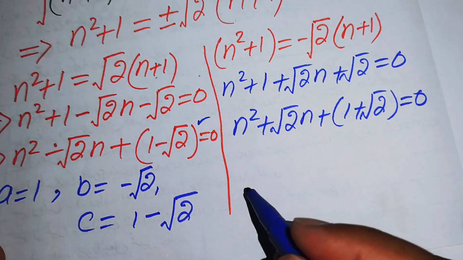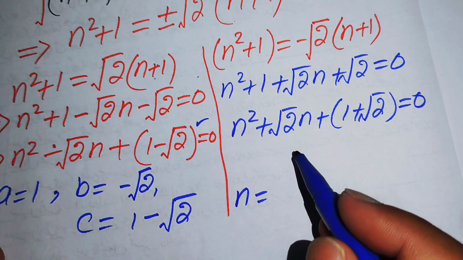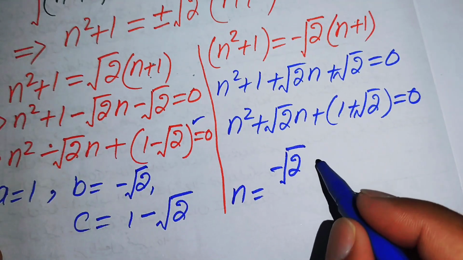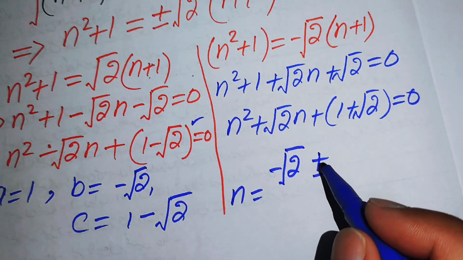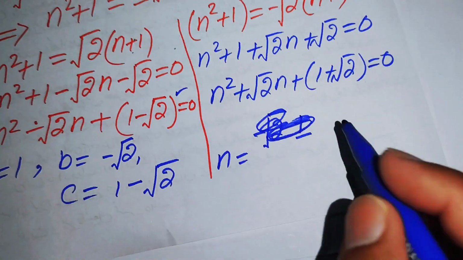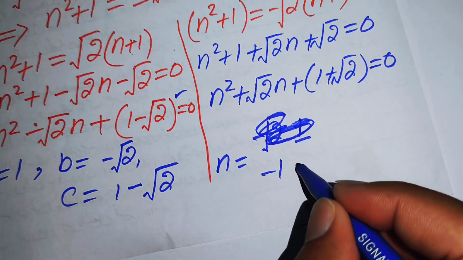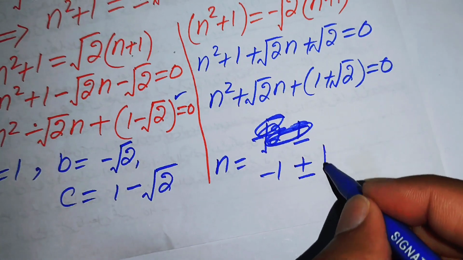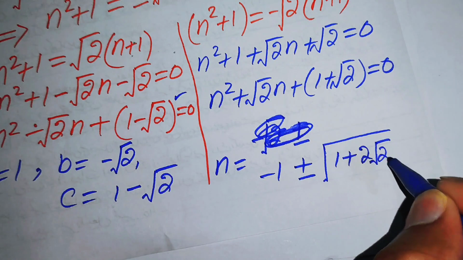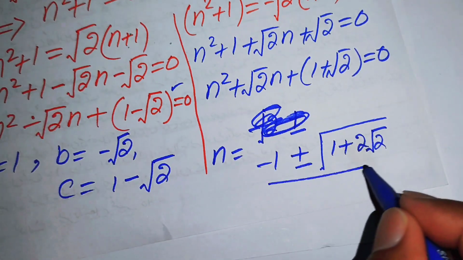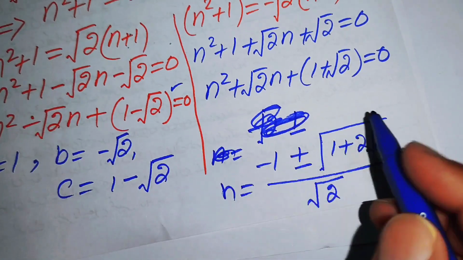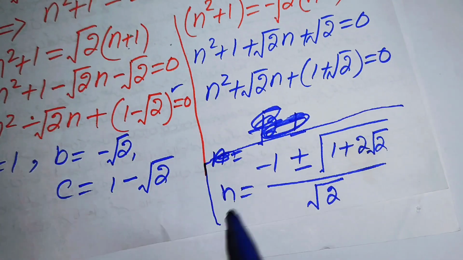I can just finally write the roots of this equation are minus square root of 2 plus minus, sorry, here you have minus 1, I can write it as minus 1 plus minus square root of 1 plus 2 times square root of 2, and whole over square root of 2. So these are the other two complex roots of the given equation.